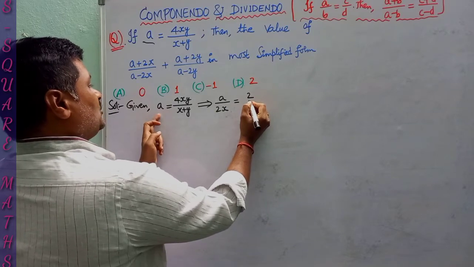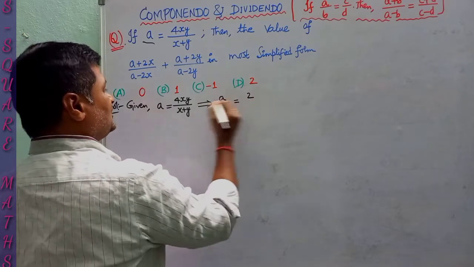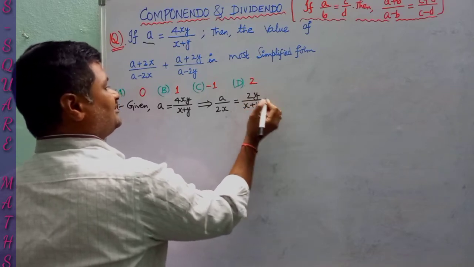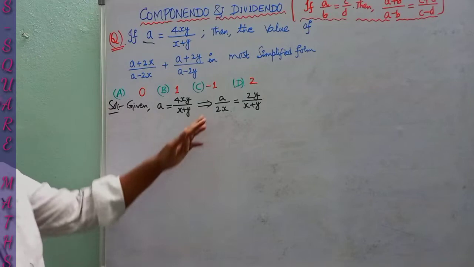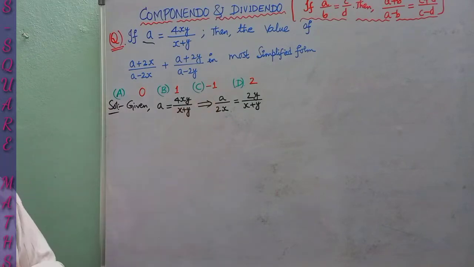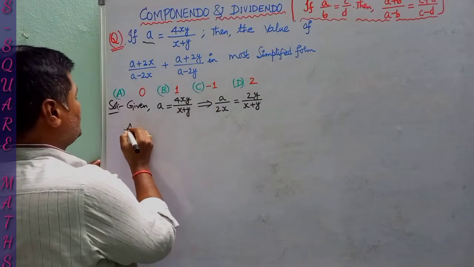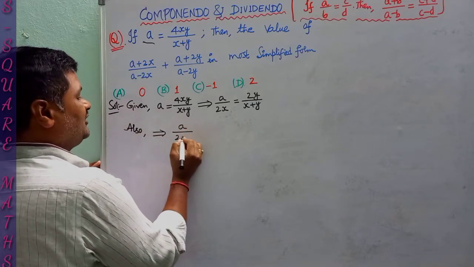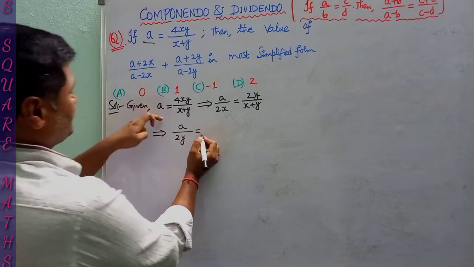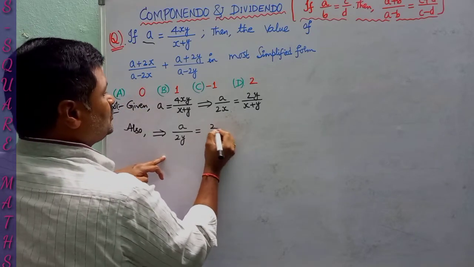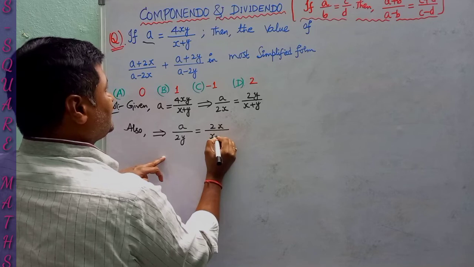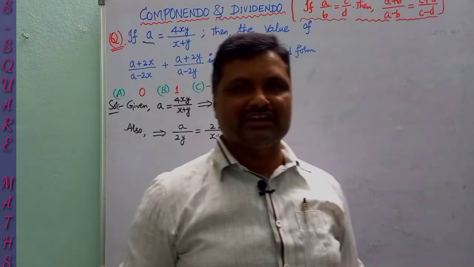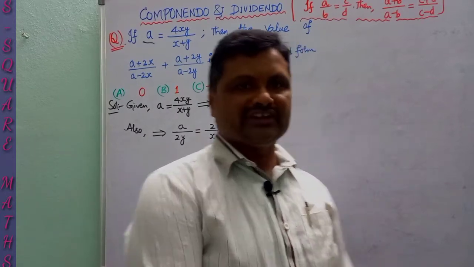So a by 2x is equal to 2y by x plus y. This is the value of a by 2x. Also, again, a by 2y is equal to 2x by x plus y. This step plays an important role.